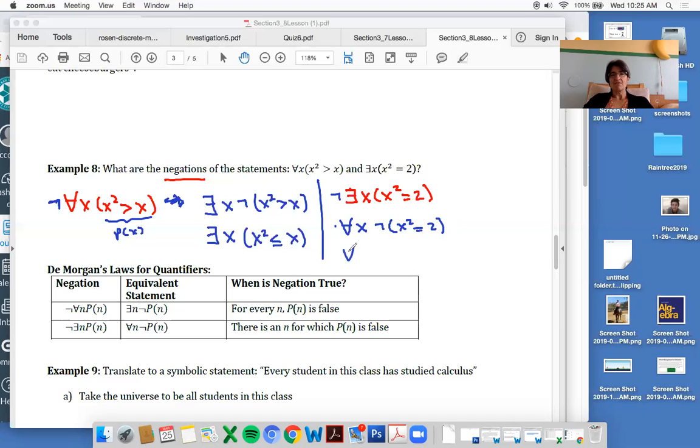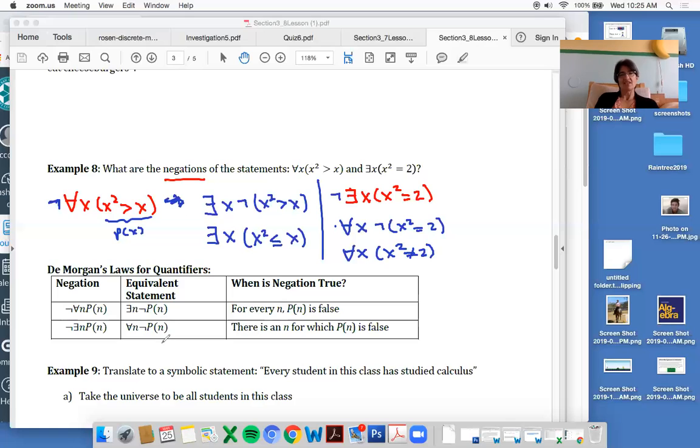So this says for every x, x squared is not equal to 2. So for every x in my universe, x squared is not equal to 2. Okay? So those are some examples of negating the universal and the existential quantifiers.